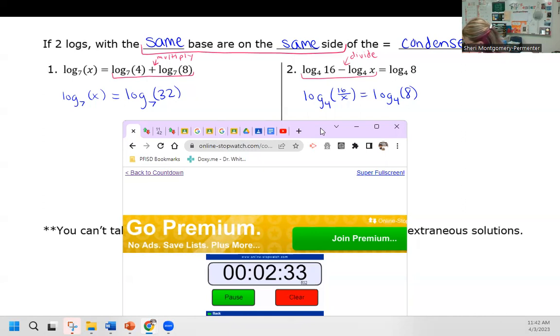For number 11, it's x times x, which is what? x squared, and then x times 21 is just 21x.